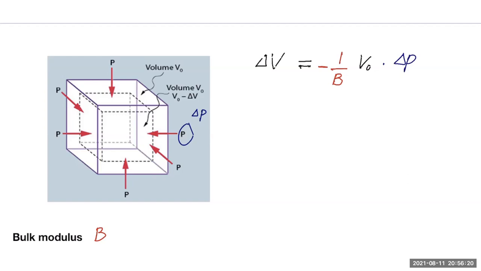Okay, so I can solve for B and write B equals negative delta P, and then divided by the fractional change in volume, delta V over V naught.